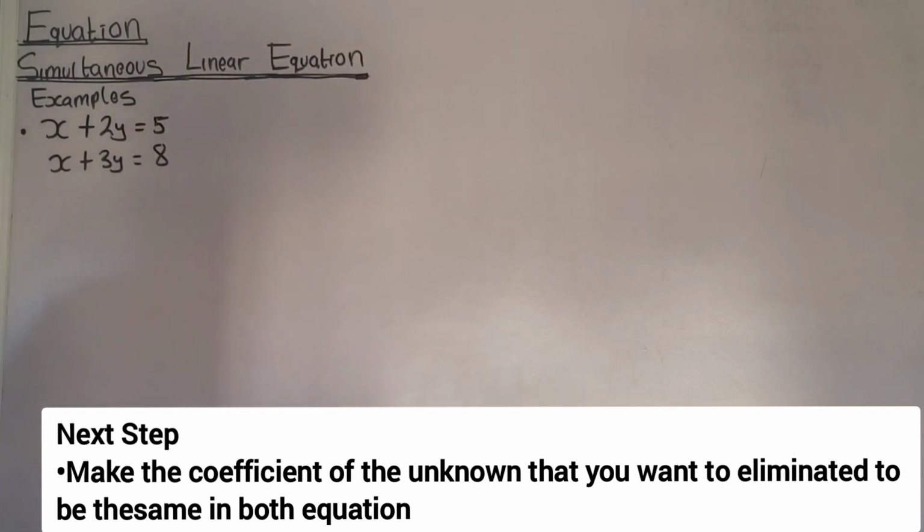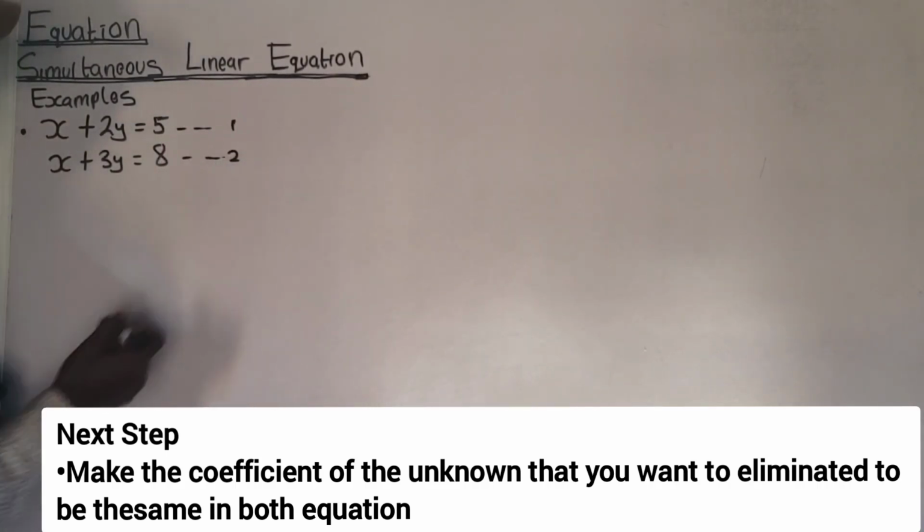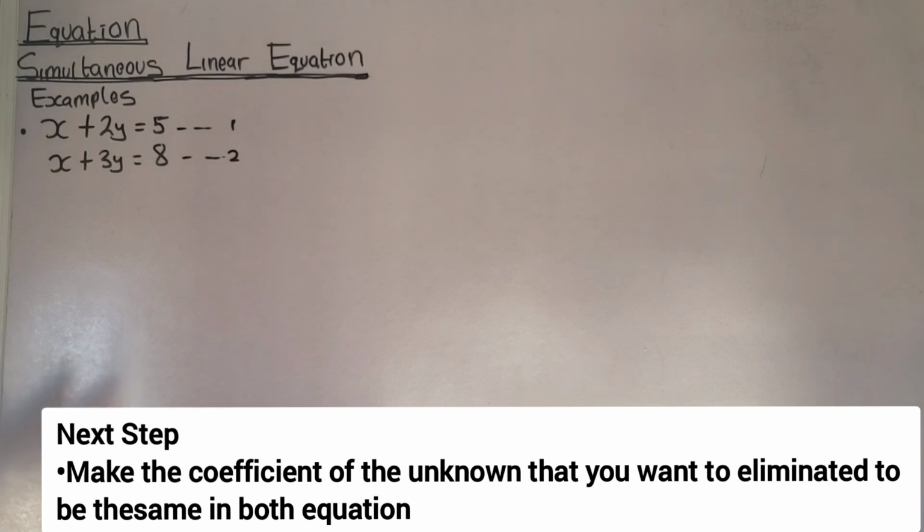Now, having known the unknown that you want to eliminate, the next step is that you have to make the coefficient of this unknown equal in both equations. Let us call this equation 1 and let us call this equation 2.